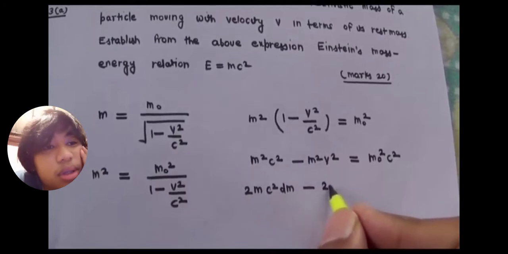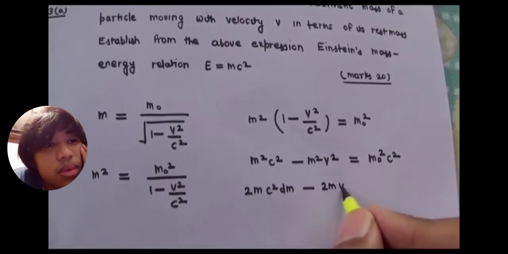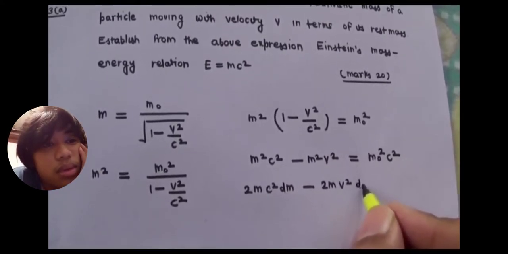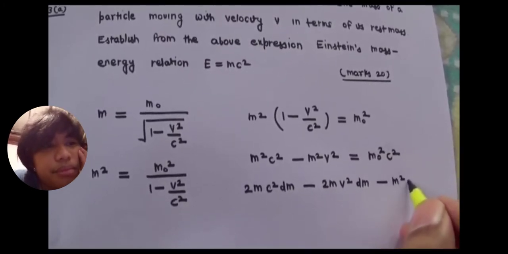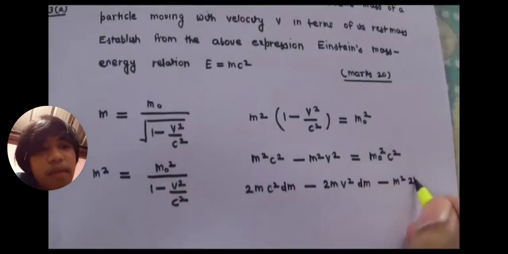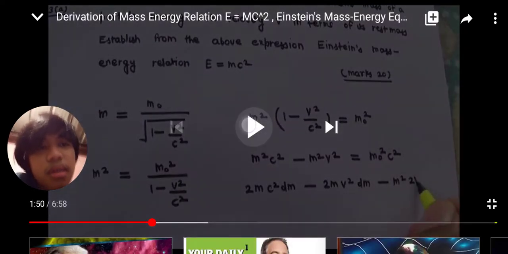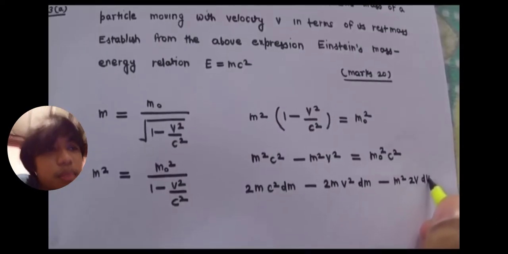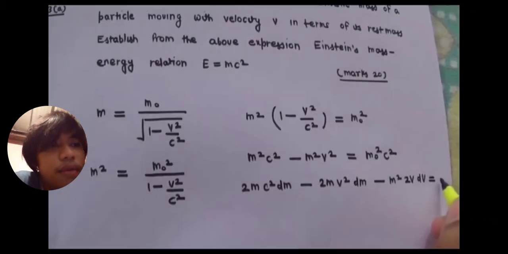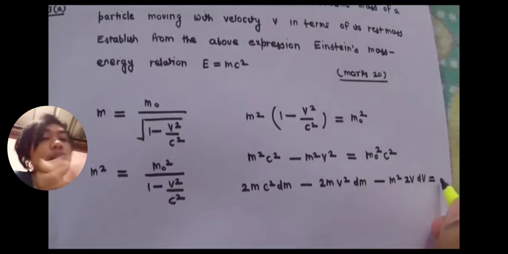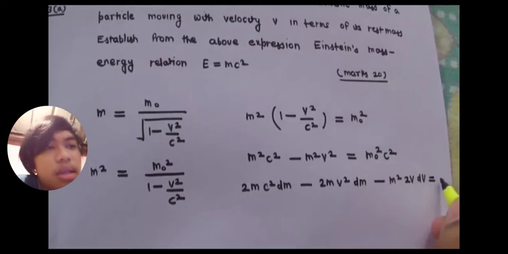You will get 2m v square dm minus m square 2v dv, and this term is constant. So velocity is not constant.